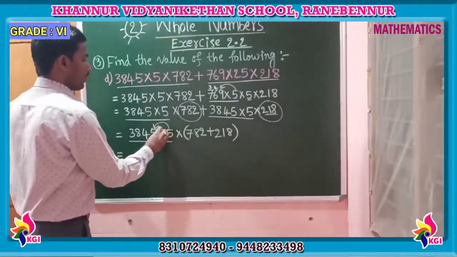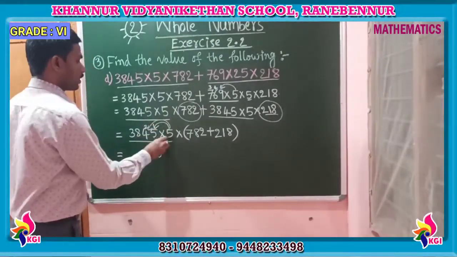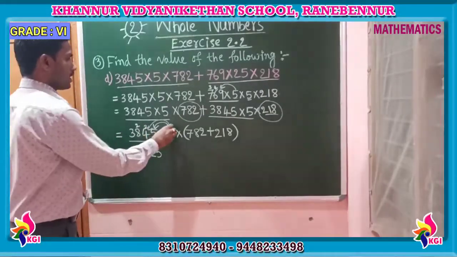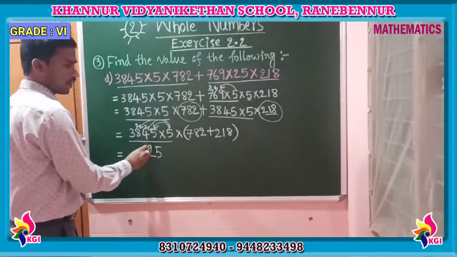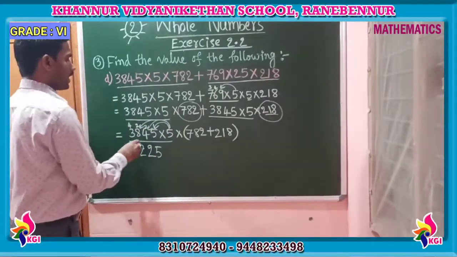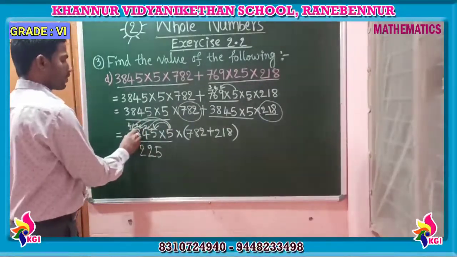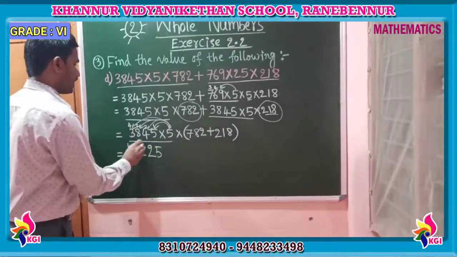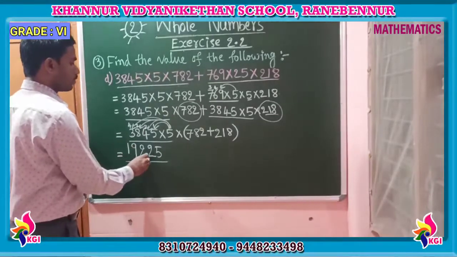Then tell me, 5 5s are 25, 2 carry, then 5 4s are 20, 20 plus 2 is 22, 2 carry on hundreds place, then 5 8s are 40, 40 plus 2 is 42, then again carry on thousands place, then 5 3s are 15, 15 plus 4 is 19. So 19,225.